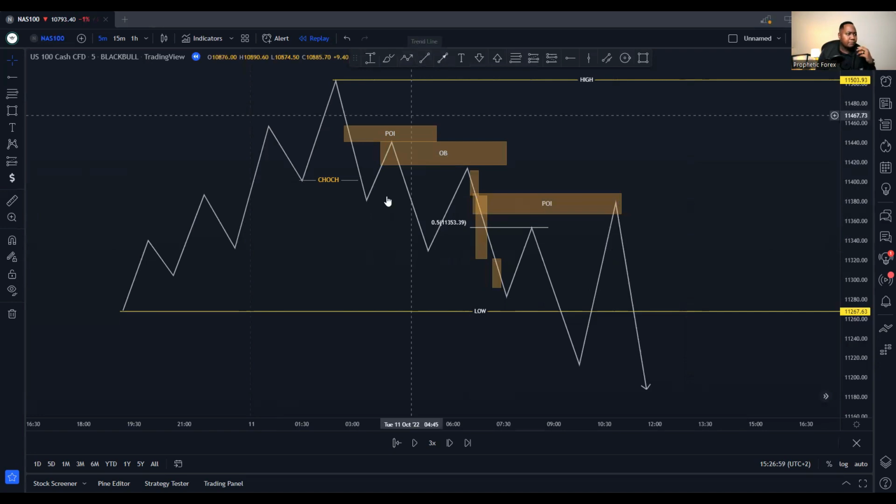Break of structure. That means that we have lower lows in this case over here. Therefore, when the market breaks those lower lows, we call it a BOS. That simply indicates to us as traders that the market is actually validating structure. So it's breaking structure to show us that it's going to create a lower high in order to create a new lower low.